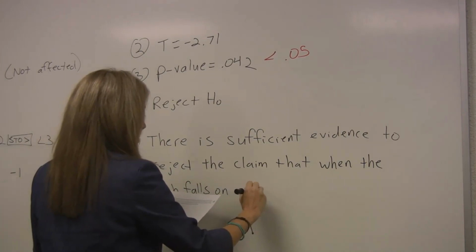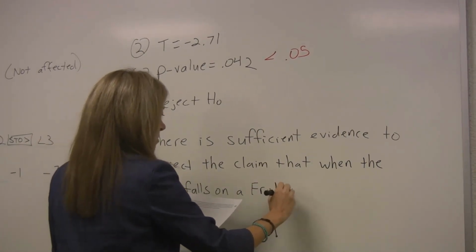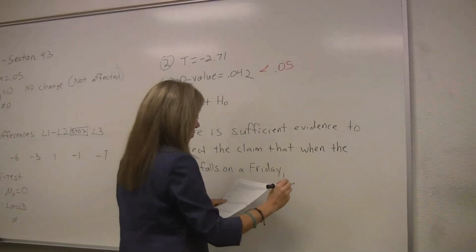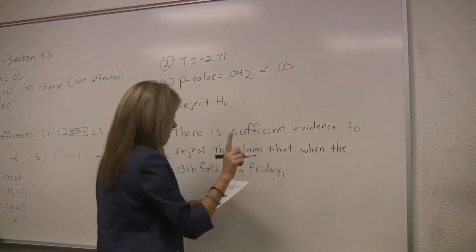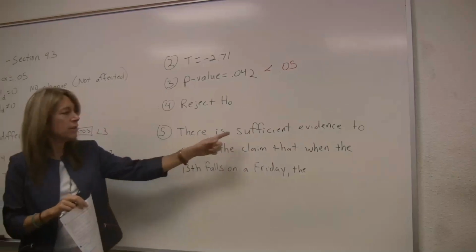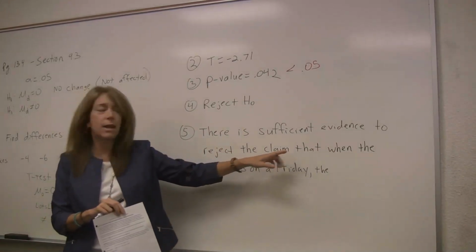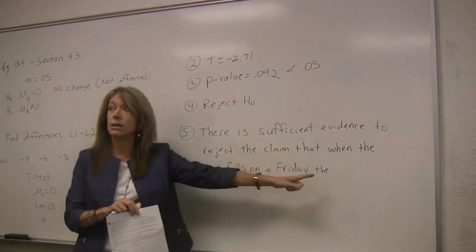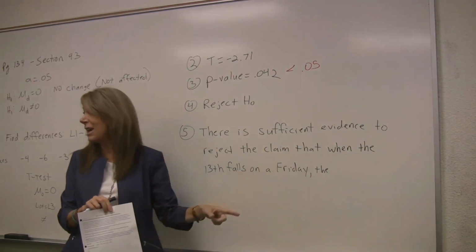Well, by the way, with the quizzes I passed back to you a little while ago, some of you didn't write out the whole claim, and I gave you one free pass, and that was it. But I wrote on there, because you said, there is sufficient evidence to reject the claim, and you stopped there, and then I wrote, and you should restate it right here. If you don't on the exam, you're going to lose points.